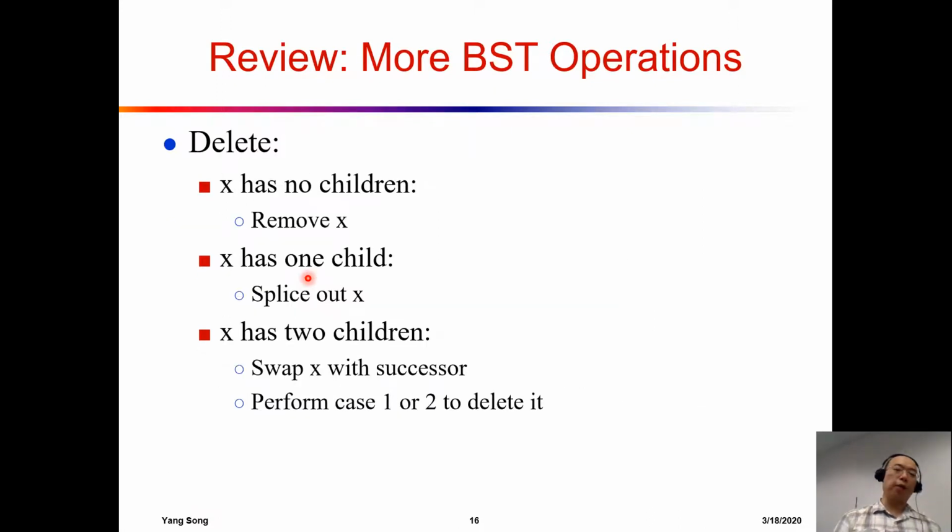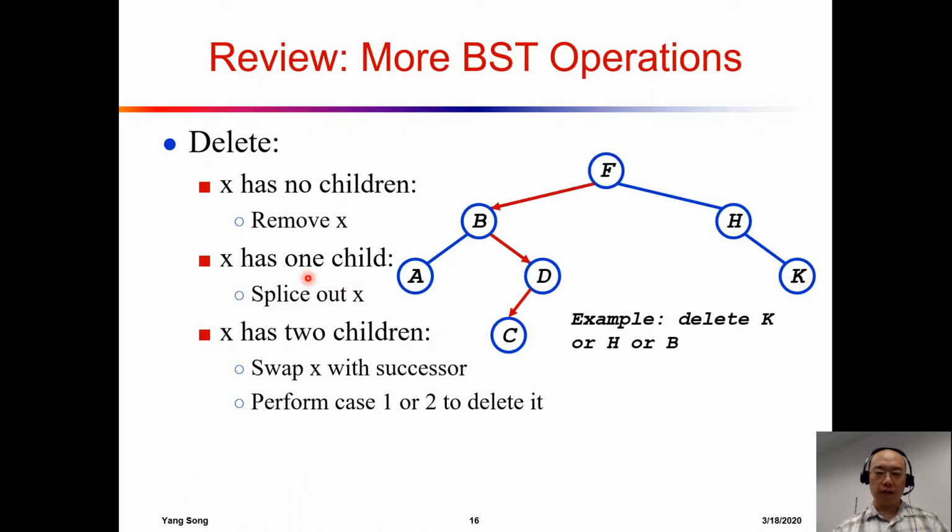So the next part, deletion, the really hard part. There are three possible cases. The first case, probably the easiest one: if X has no children, then we just throw away the node. Let me give you an example. If we want to delete the node K, you can see node K has no children.